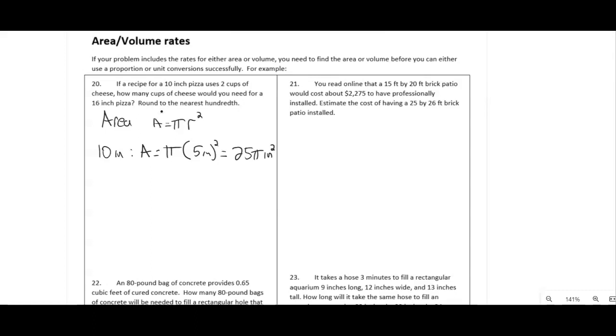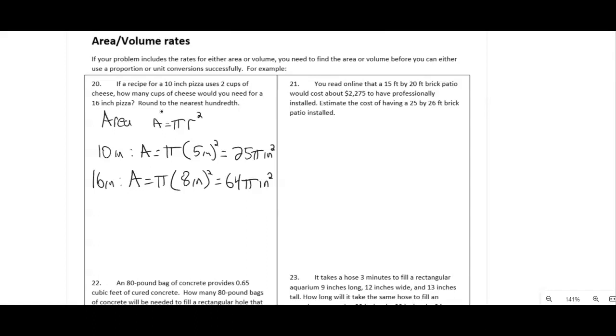The square acts on the 5 to make 25, and on the inches to make square inches. Similarly, for the 16-inch pizza, the area would be pi times the radius, 8 inches, half of the diameter, squared. This would be 64 pi square inches.